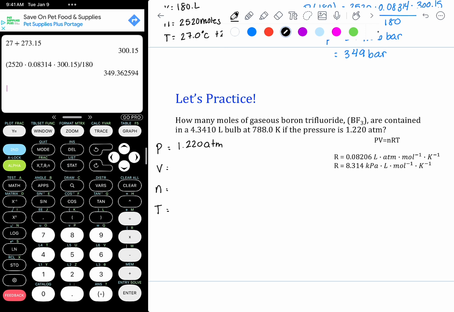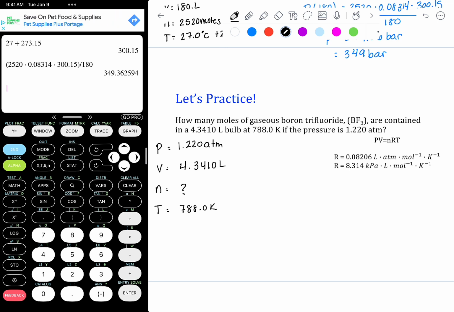Our volume was given as 4.3410 liters. Our number of moles is what we are looking for. And our temperature was given as 788.0 Kelvin.